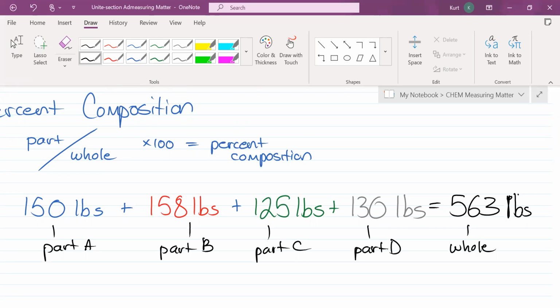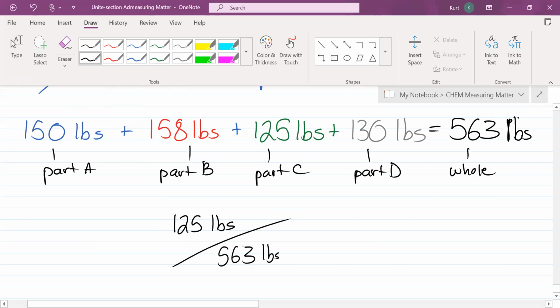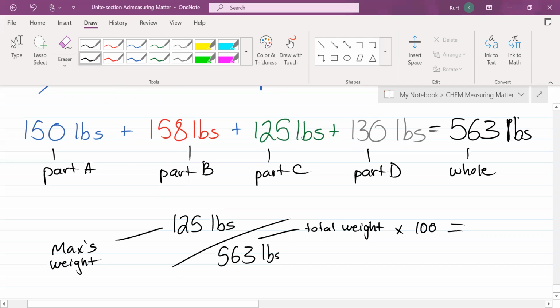Arshan? You do Max's weight divided by the total. That's all. So we do 125 pounds. Remember, no naked numbers. Divided by 563 pounds. The 125 is Max's weight. The 563 pounds is the total weight. And we are going to multiply that answer by 100 so that we will actually get it as a percentage.